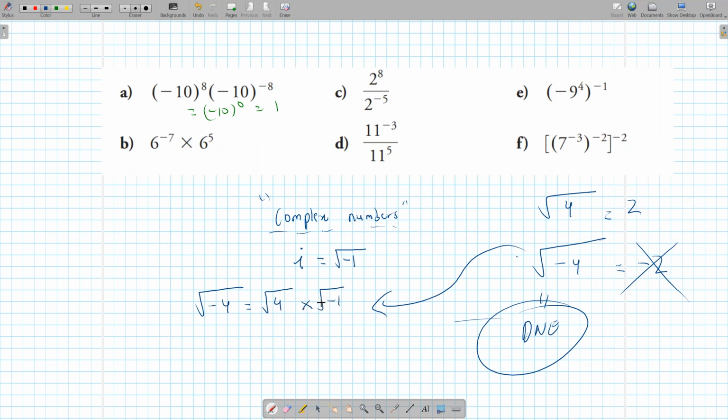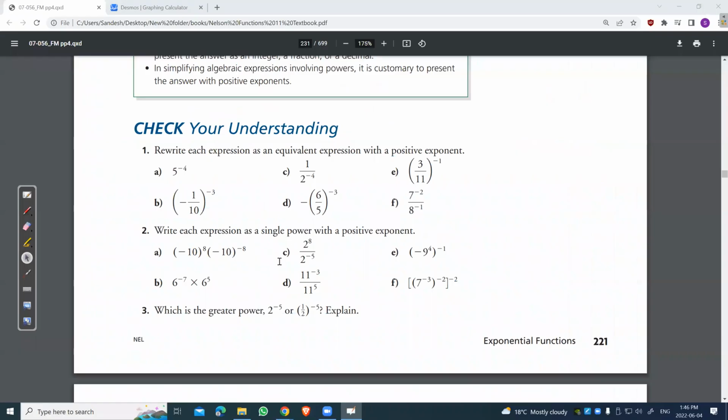Can I do this? Yes, I can, yeah? This is mathematically correct, even using the real number system. But now we know the square root of 4 is 2, and that is i, and there we go, that's the answer. Okay? The square root of -4 is 2i, where i is a constant from the complex number system.